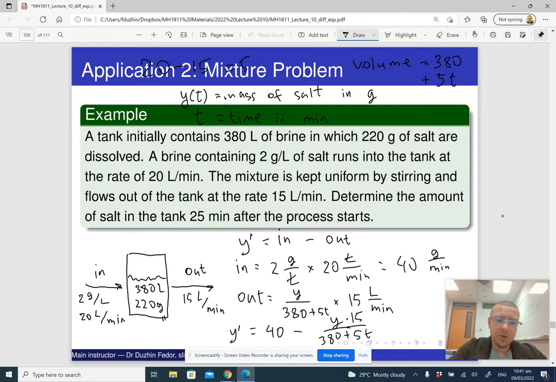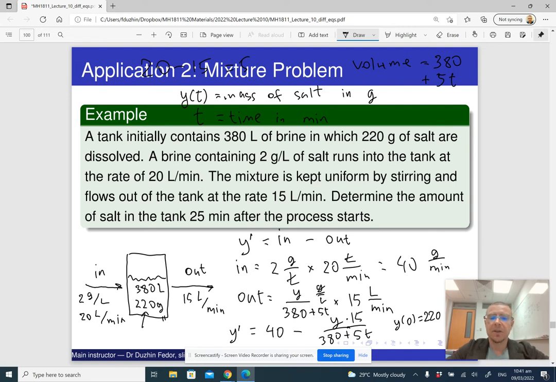Notice that we haven't used one condition here. The fact that initially we have 220 grams means that y of 0 is 220. And by the way, just to make sure that the dimensions match, y is measured in grams and the volume is measured in liters.